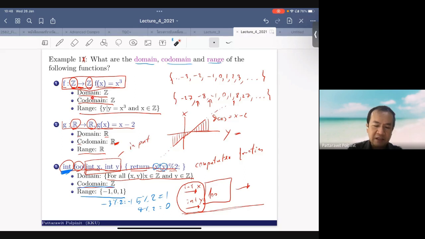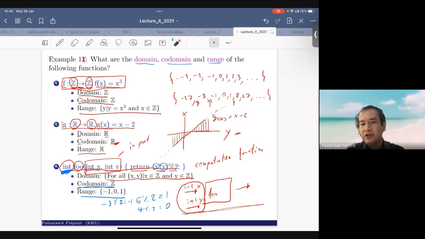The domain is the set of integers, because from the look of this, this is the set on the left-hand side, the set of the input. The codomain is this one, which is similarly the set of integers. So you can write codomain, set of Z.